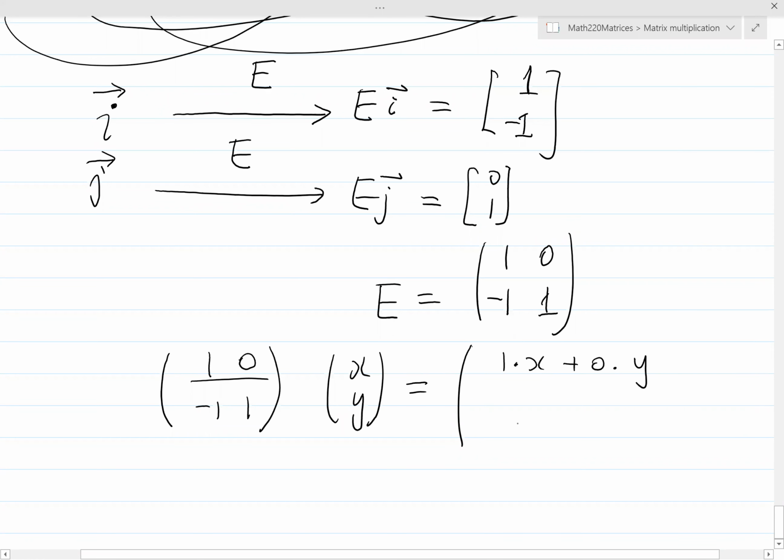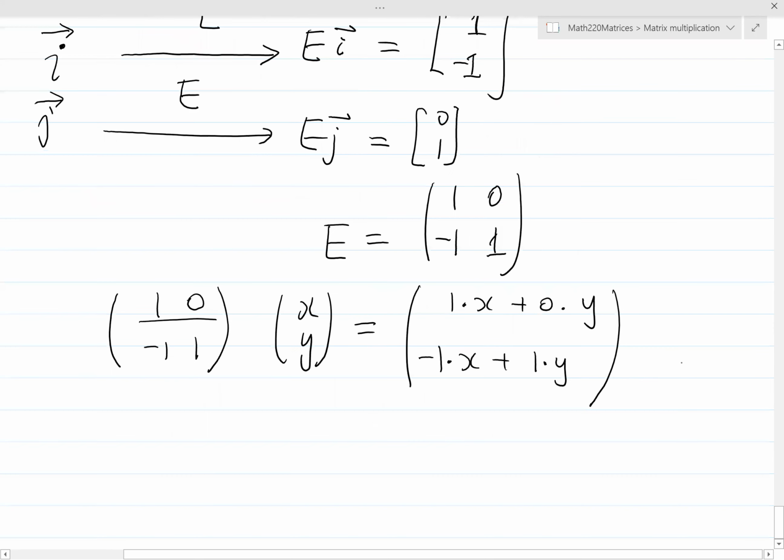Now the second entry, we get the second row times the column, so it's negative 1 times x plus 1 times y. If you work it out, this will be (x, y minus x). Then we're done with the problem.